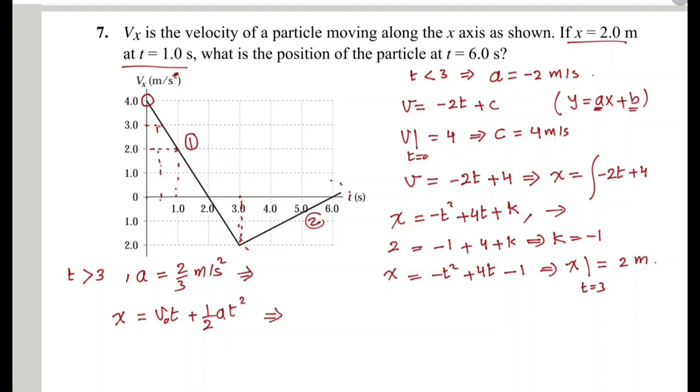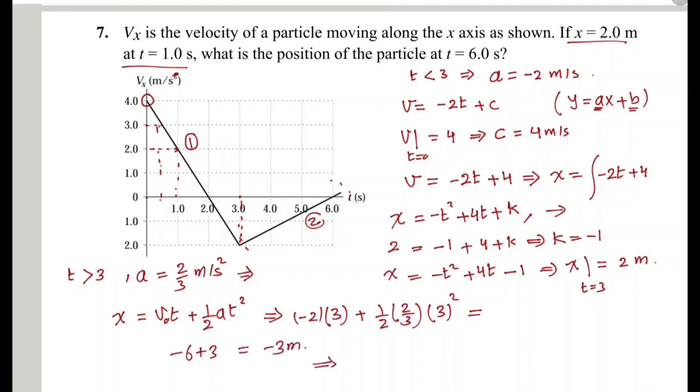You substitute numbers here, you will find minus 2 times 3 plus half times 2 over 3 times 3 squared. You substitute this: minus 6 plus 3, or equal to minus 3 meters.